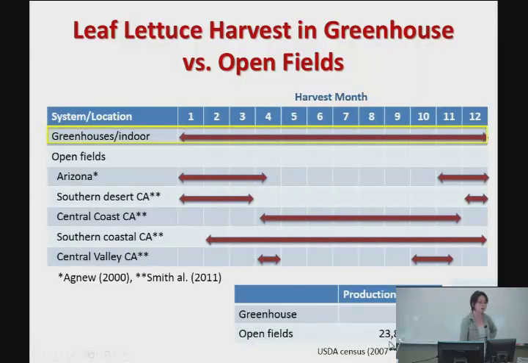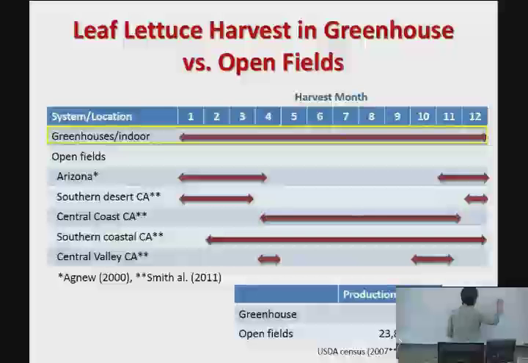23 or 24,000 hectares. If you're not familiar with hectares, 2.5 acres equal 1 hectare, or 1 acre equals 0.4 hectare.